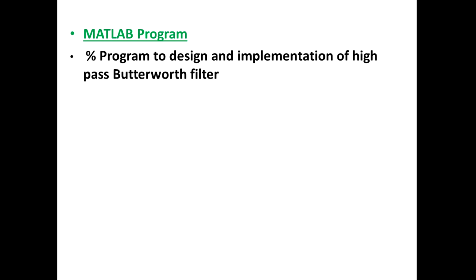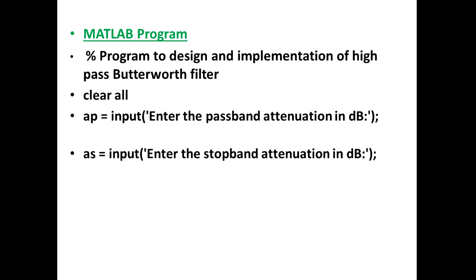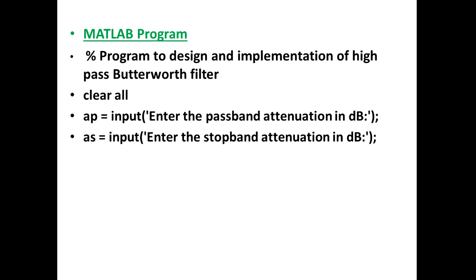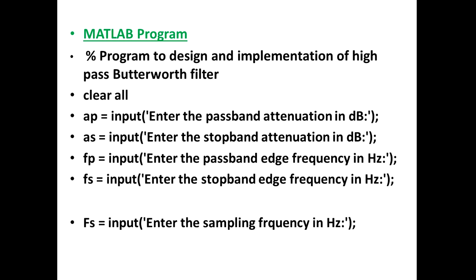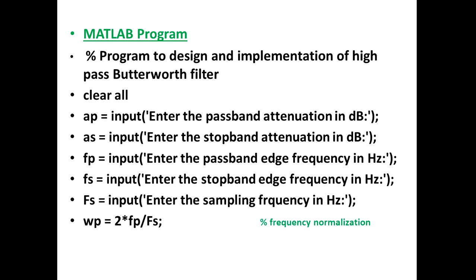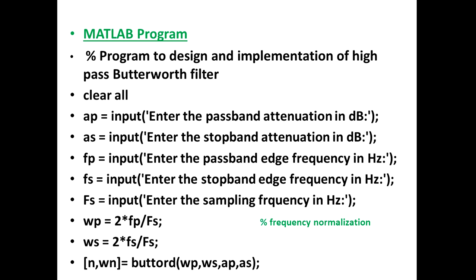Similarly, for a Butterworth high pass filter, we are following the same steps that we have done in the earlier program. First we are going to enter all the filter specifications, that is AP, AS, FP, FS. Then we are normalizing the frequencies. Then we are getting n and omega n.